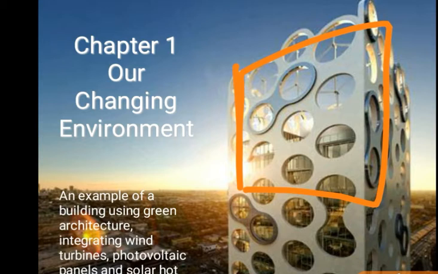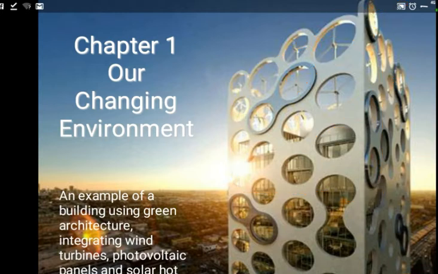It has wind turbines for electricity, photovoltaic panels, solar hot water generations, all those things are there. So with this we can construct a building that is very sustainable with environment.